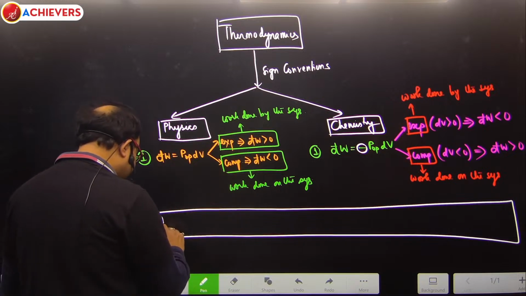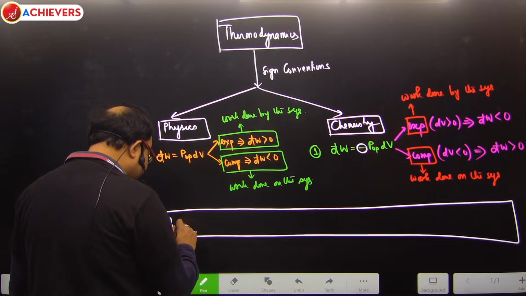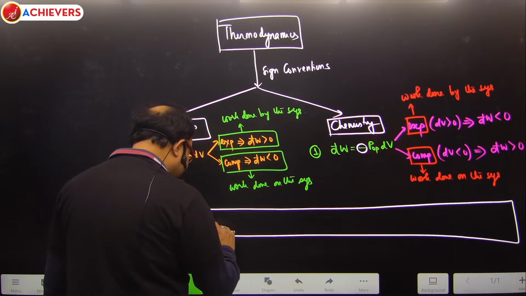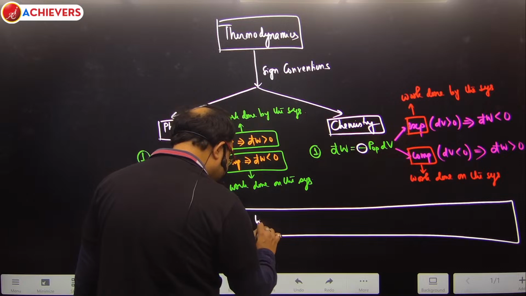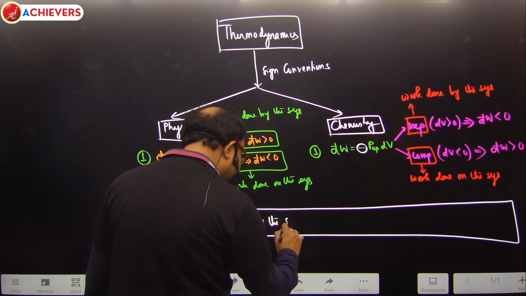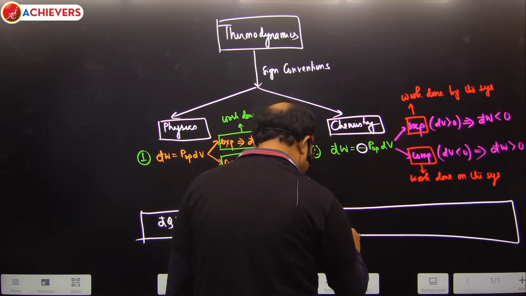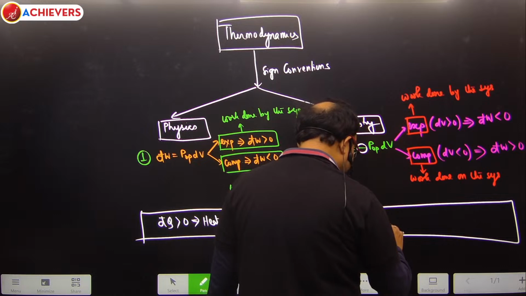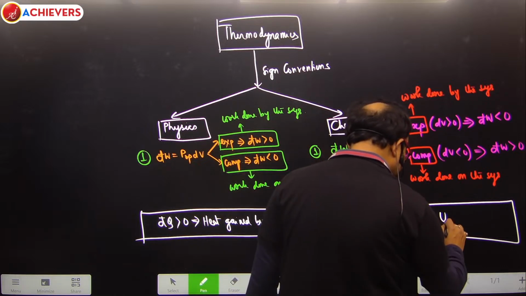The convention of heat is same. d cut Q is positive when heat is gained by the system, and d cut Q is negative when heat is lost by the system.